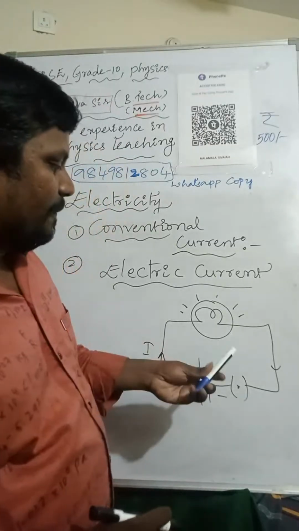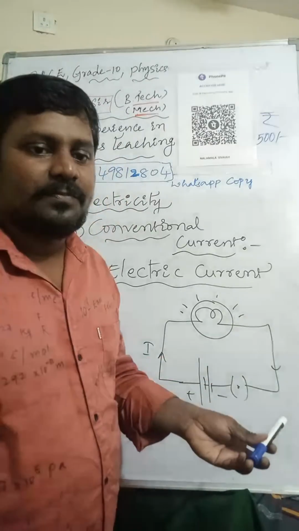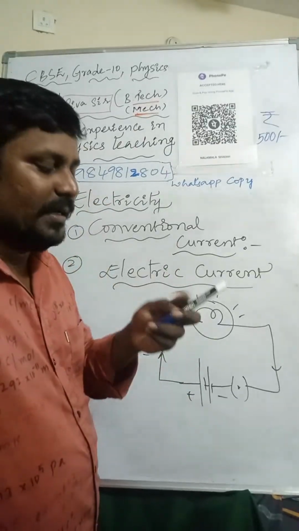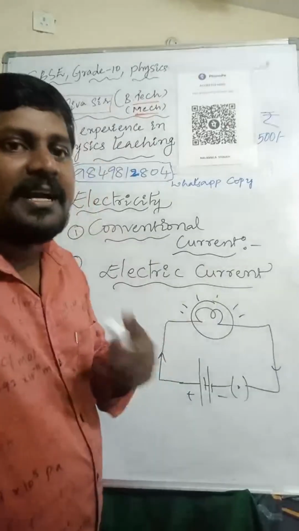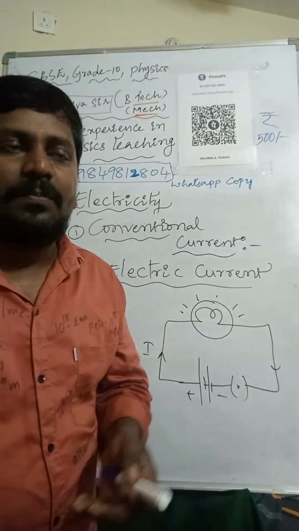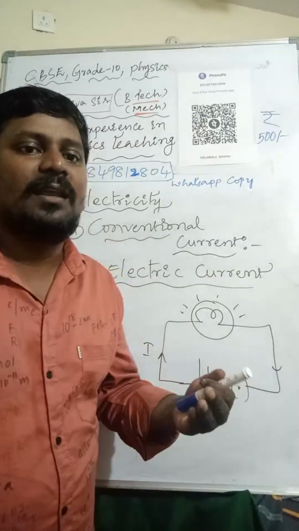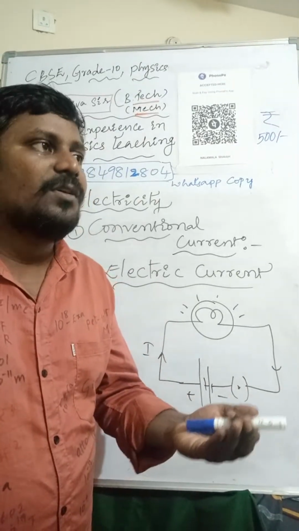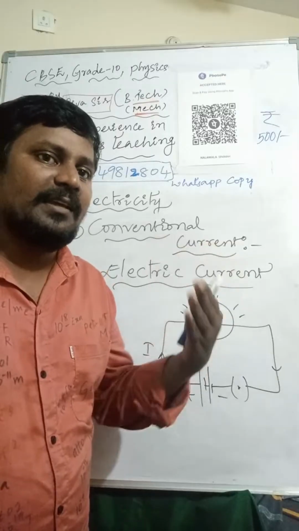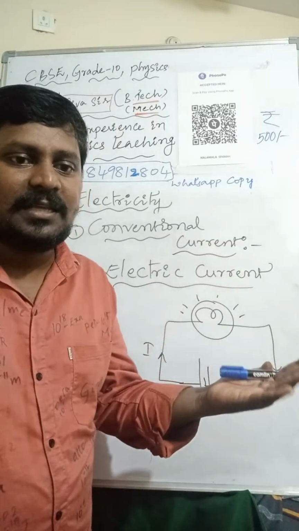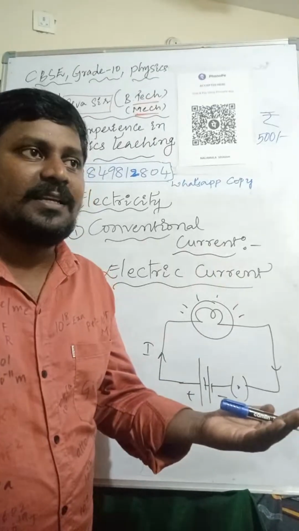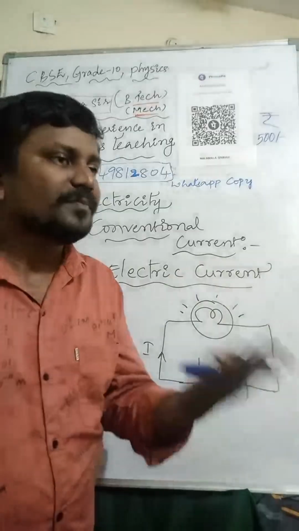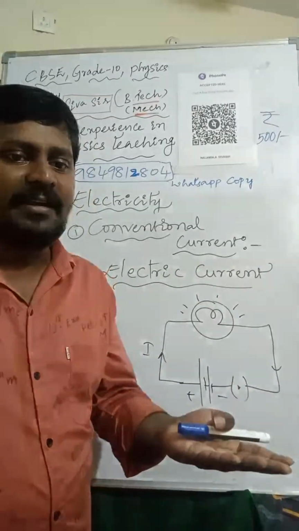So actually the flow of positive charges will be taken as current. That is conventional current. Because of electron movement only will current pass. But before finding electron, proton, neutron, they had already given the statement that the flow of positive charges is taken as the current direction.